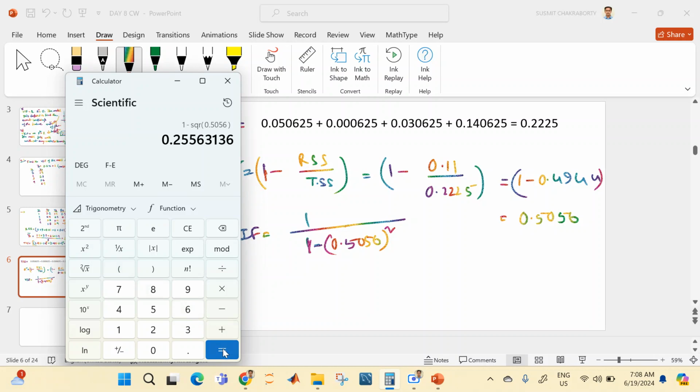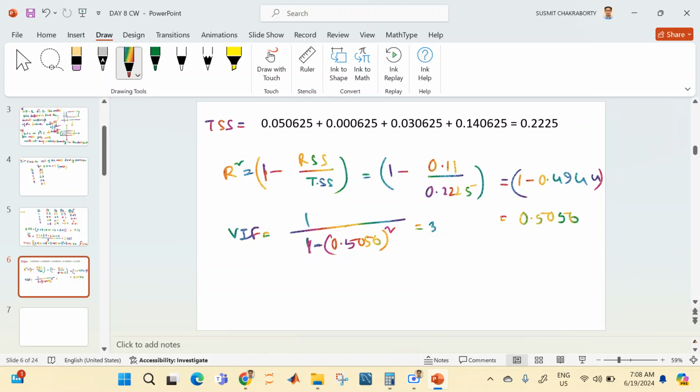So 0.2555, roughly 0.256. Then 1 by 0.256 is 3.9025. Okay, this is the VIF.